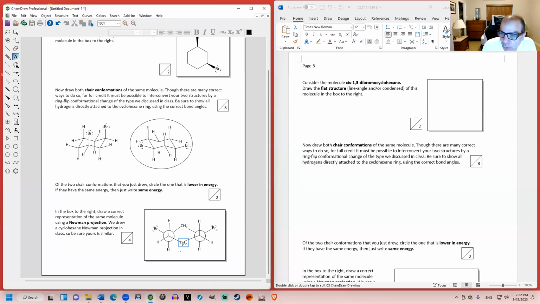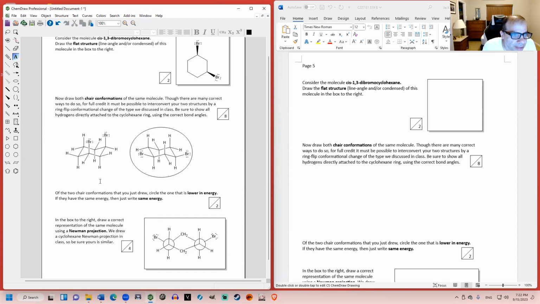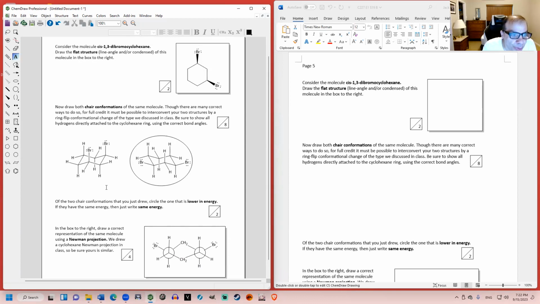Whether it's 1,2, 1,3, or 1,4, it's always possible to leave those as CH2s. I didn't do the best job in the world on that Newman projection, but it's acceptable. They're kind of hard to draw in ChemDraw. Any other questions on the cyclohexanes?